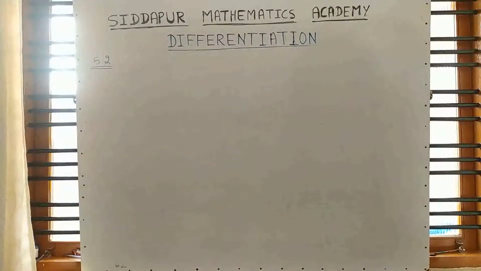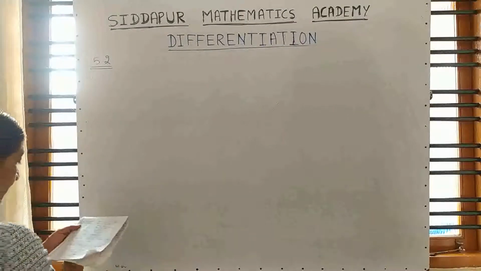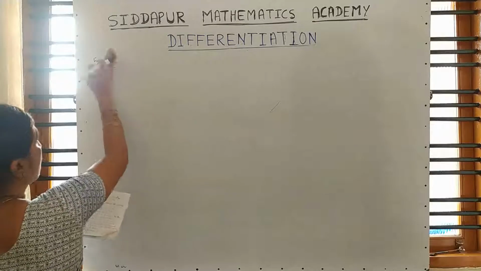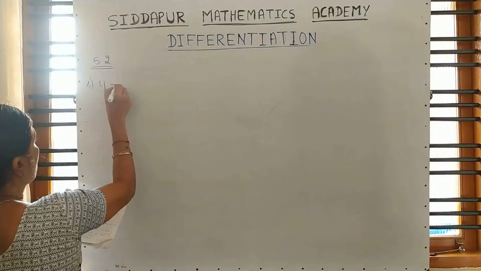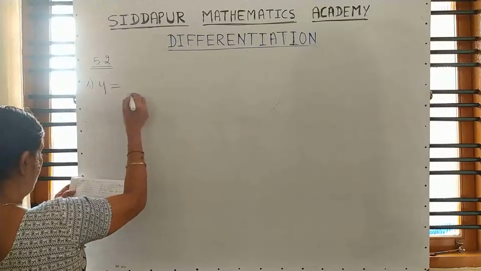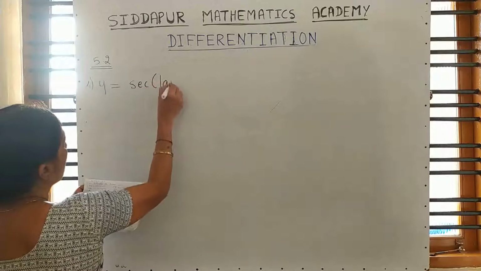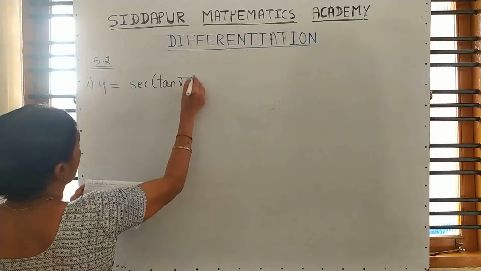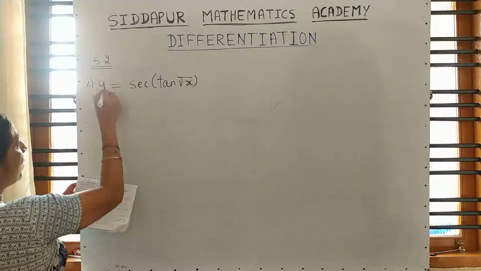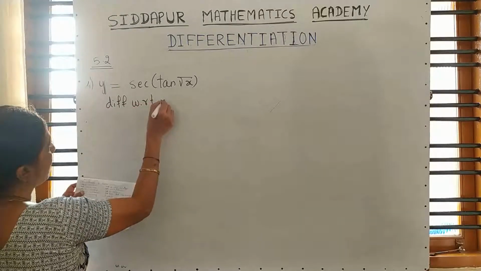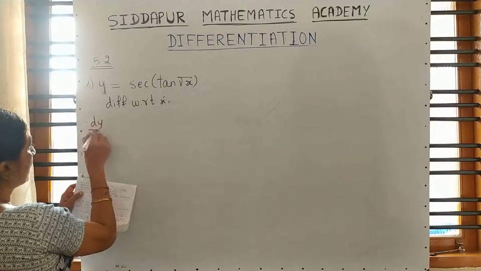Moving to the next question, the fourth one. Y is equal to sec of tan root x. Here also we don't have any power for the trigonometric term. Directly we have to differentiate the trigonometric term.